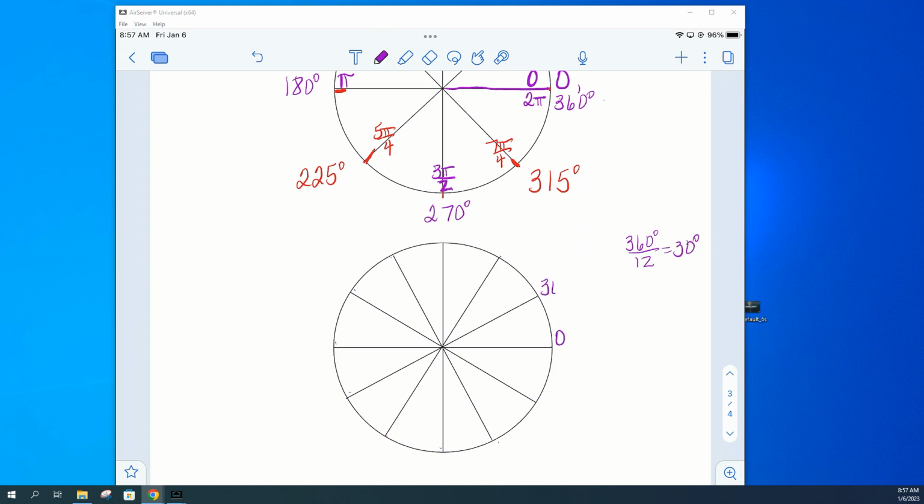So I have 0, 30, 60, 90, 120, 150, 180, 210, 240, 270, 300, and 330. And of course, I still have the 360.